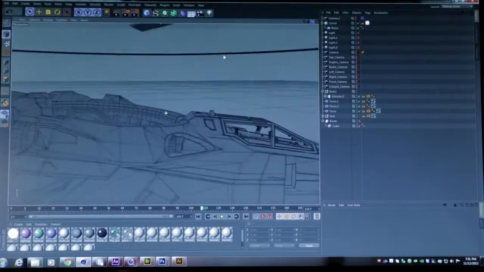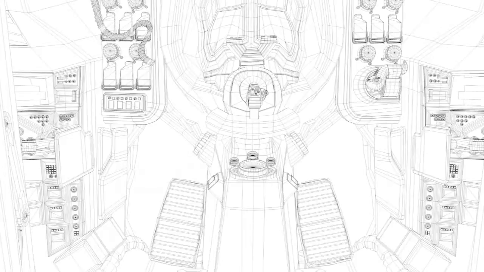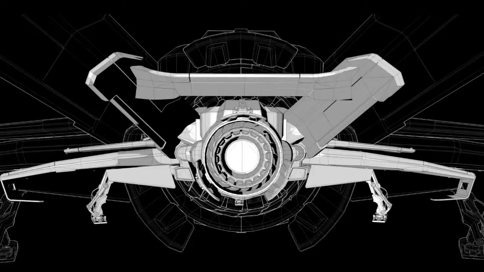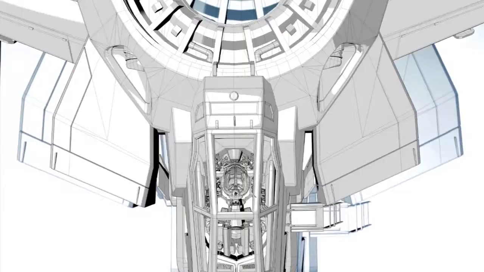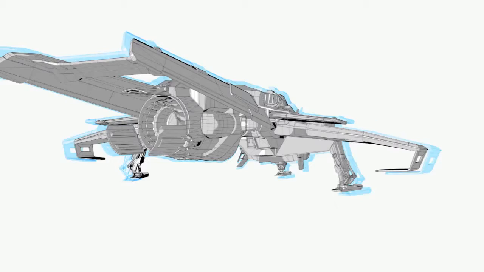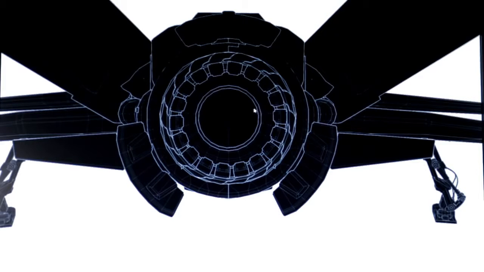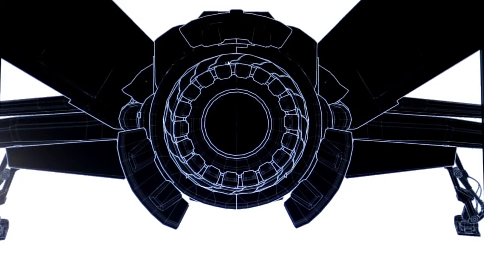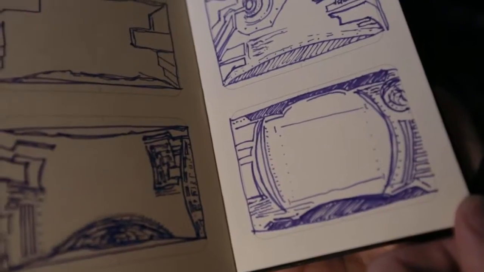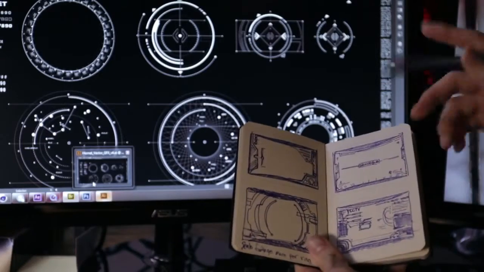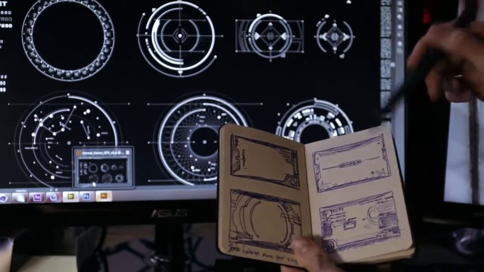I started out by just flying around the ship, getting a sense for some of the design work and the line work that's already been built into the ship, taking notes from some of the forms and shapes that have already been created for this particular asset. From there, I'll do a lot of sketches, very loose and fast-paced, getting a lot of ideas out on paper.